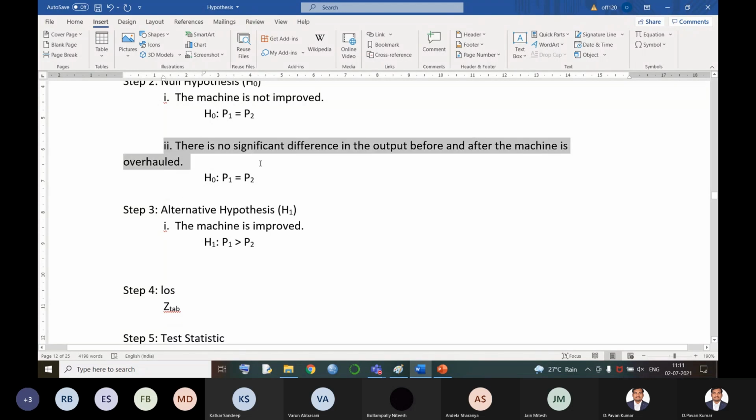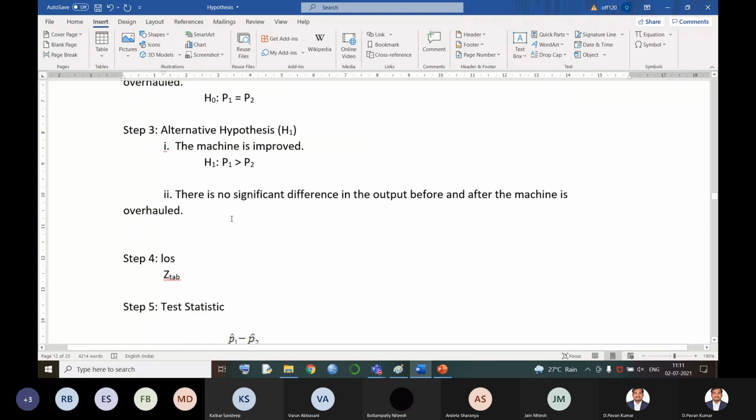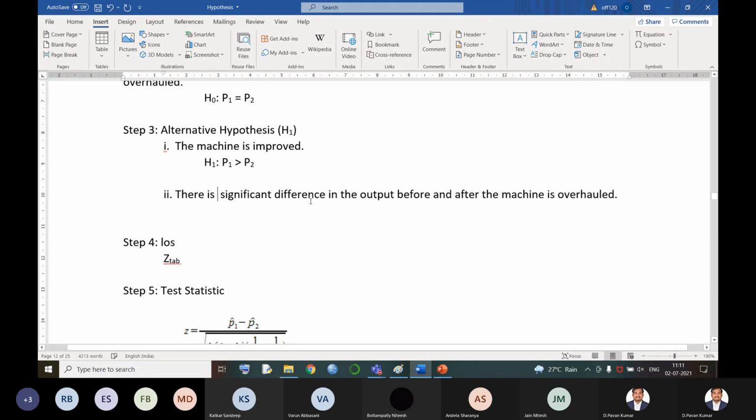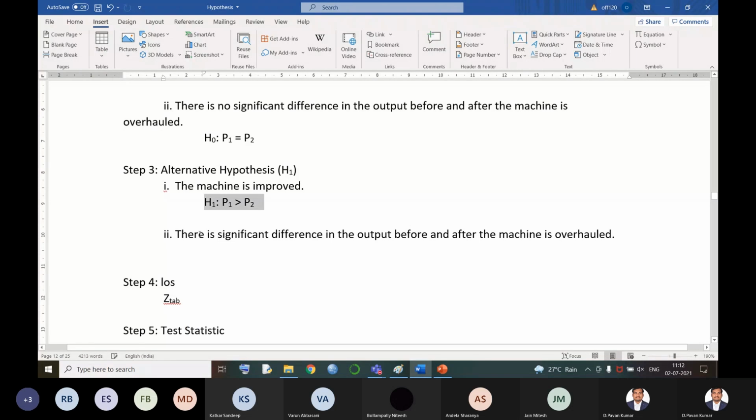And next, let me copy this. I'll just make some changes here. Now, the second one: we were saying that there is no significant difference in the output, but in the alternative hypothesis we say that there is a significant difference in the output before and after the machine is overhauled. Now, what is the statement that we get here?